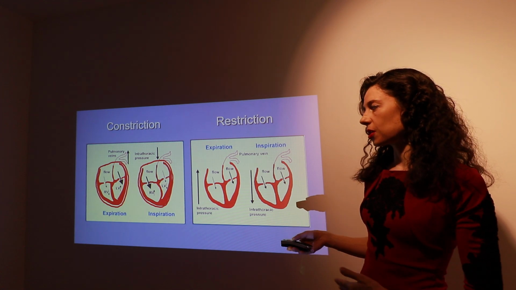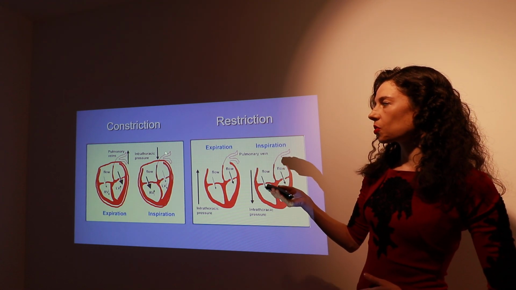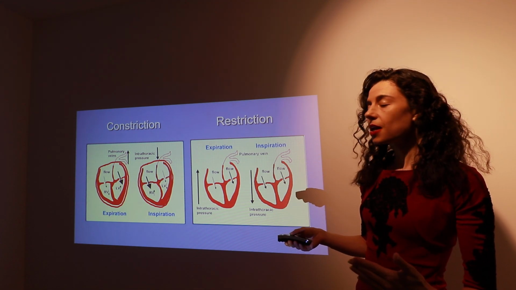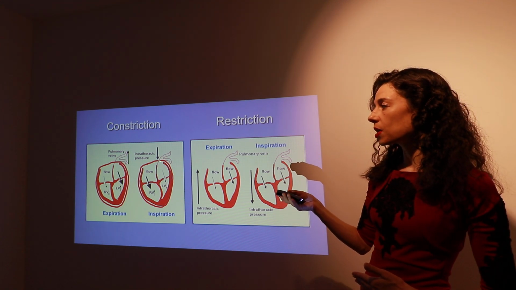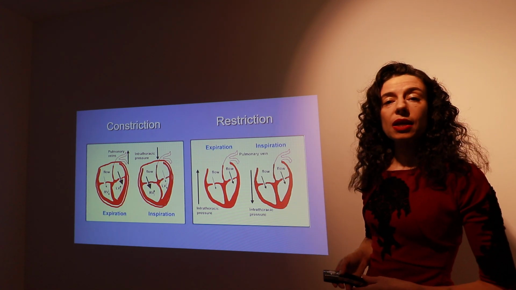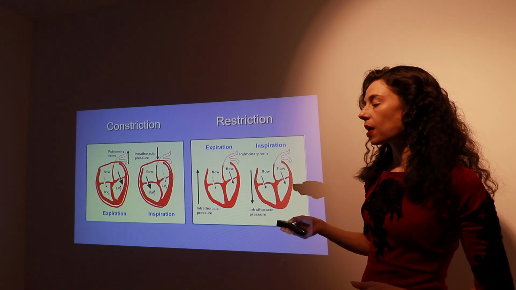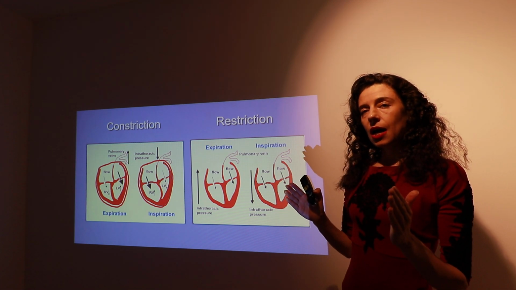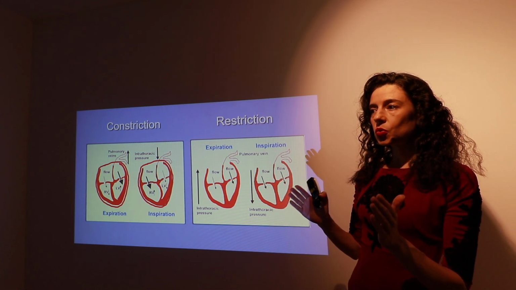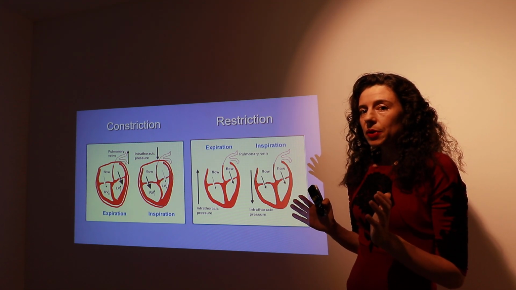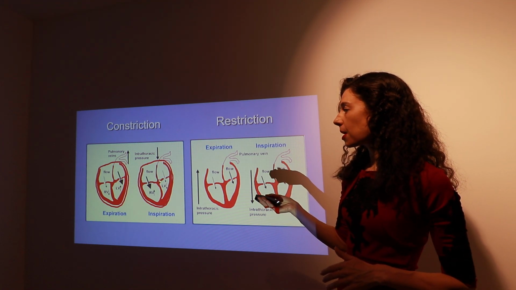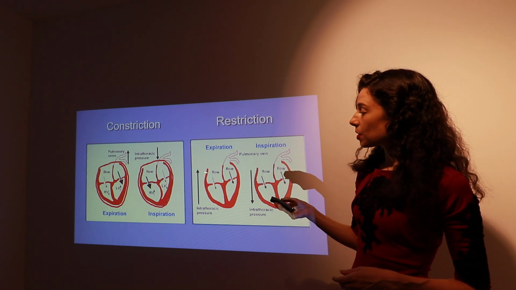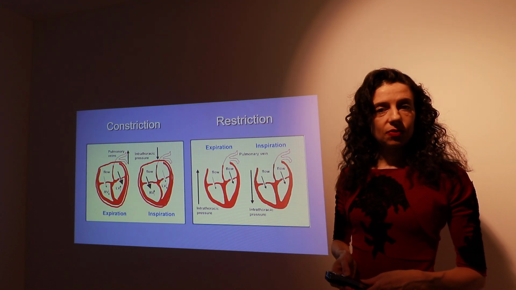In constriction, during inspiration we have a decrease in intrathoracic pressure that leads to increasing the flow through the tricuspid valve and into the right ventricle. Because of the decreased space, which is due to the constricted pericardium, the septum bounces, shifts to the left and decreases the filling of the left ventricle.